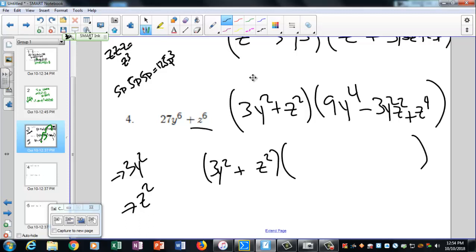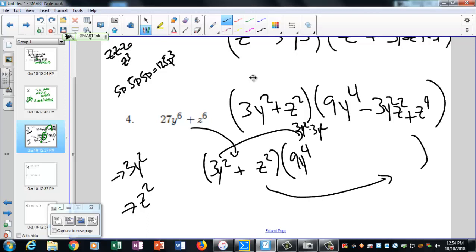This sign here is the same as this sign here. Now, multiply it times itself. 3y squared times 3y squared is 9y to the fourth. Multiply this by itself.